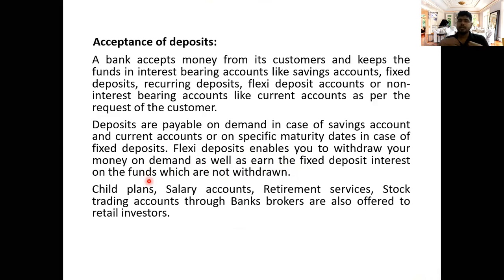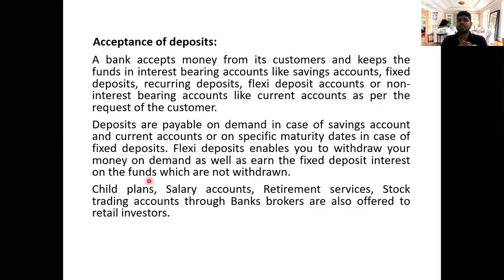Let me give one example to understand the differences between the fixed deposit and the flexible deposit. Say you have 10 million rupees, and you put that 10 million rupees in a fixed deposit with 1 year maturity. For that you will earn interest of 15%.